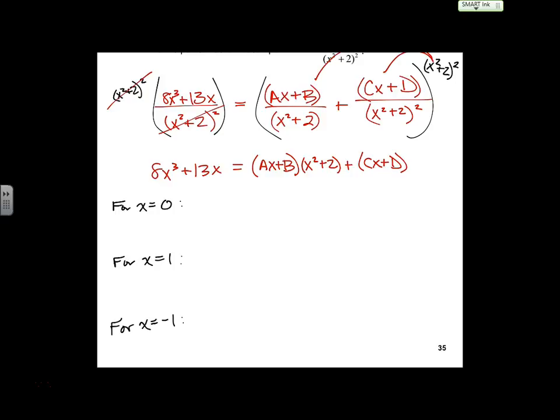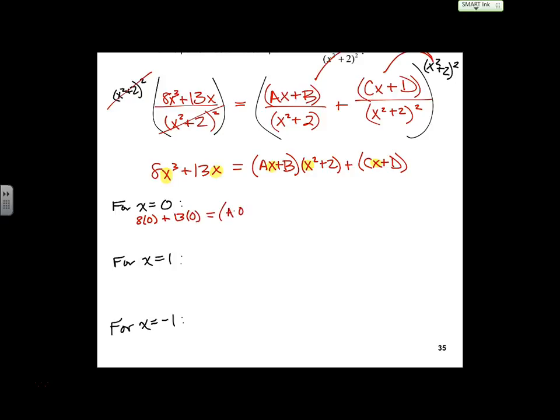Just to review real quick, strategic values: what do I do with that x equals 0 for the first one? Plug it in. Plugging it in where? Just to review real fast. Anywhere and everywhere there's an x. Kind of like f of x, and we plug in values for x. So let's see if we can follow, okay? For x equals 0, we're going to have 8 times 0 cubed, which is 0, plus 13 times 0. That's all 0.